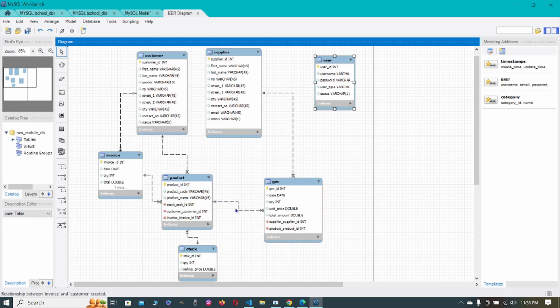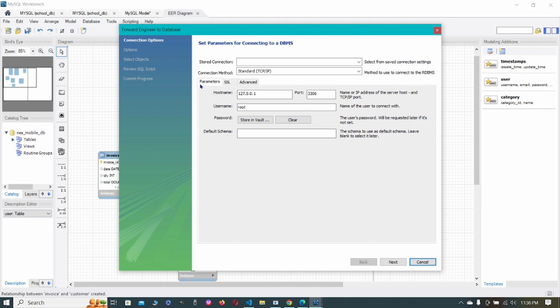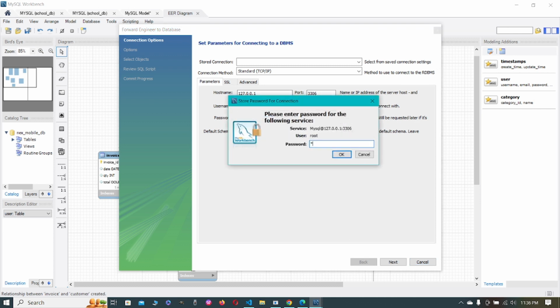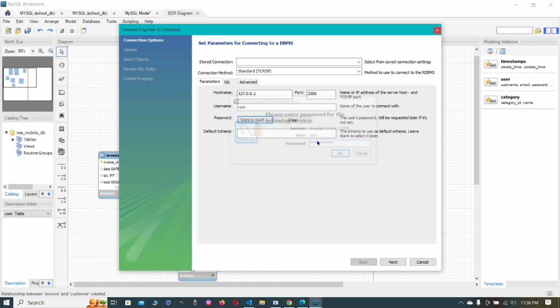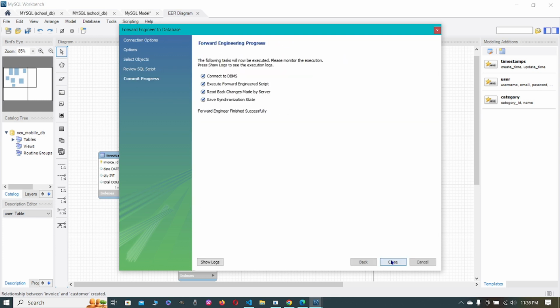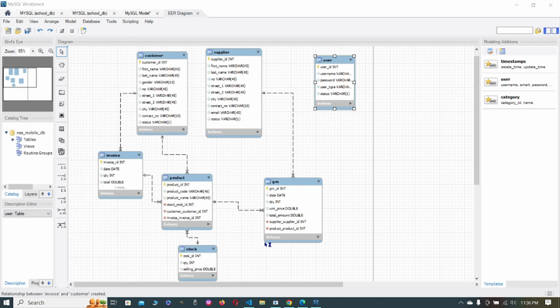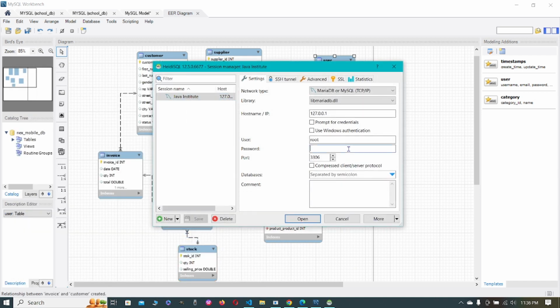So this is how our ER diagram looks so far. And let's see what we get when we forward engineer our ER diagram. Password, and next, next, next, next. And let's go to our SQL so we can see how our database has turned out.